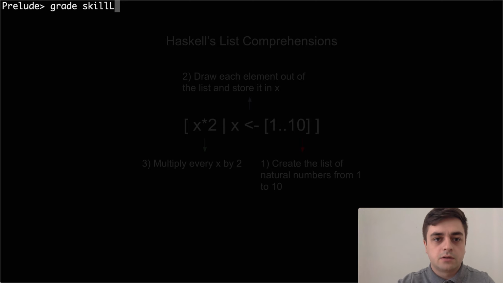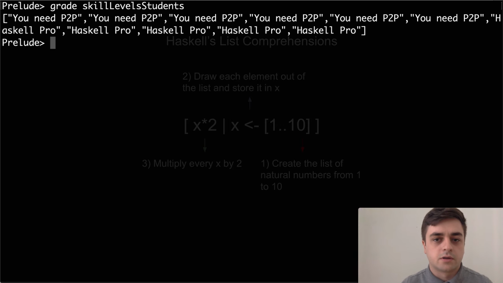So skill levels students. That's gone in and produced a list for us using list comprehension. Because the list went from 95 to 100, up until it gets to 100, it's going to say you need part of Plutus, and then it's going to say the rest are Haskell Pros.